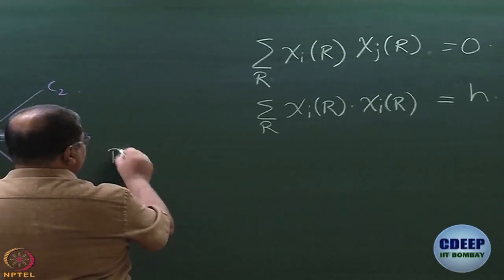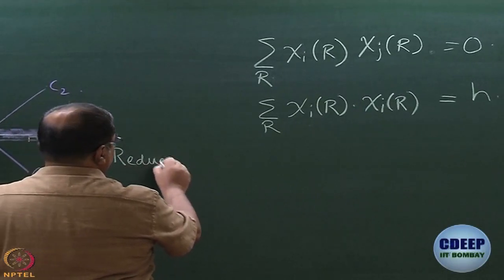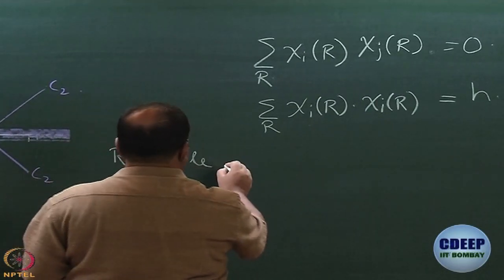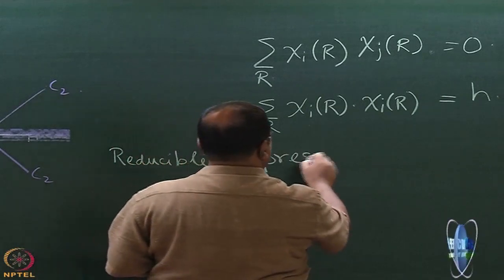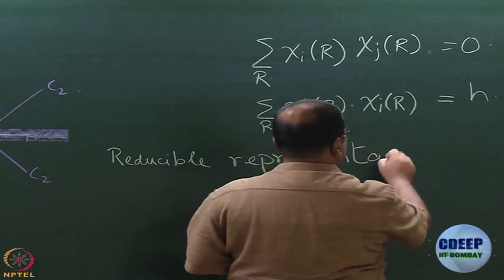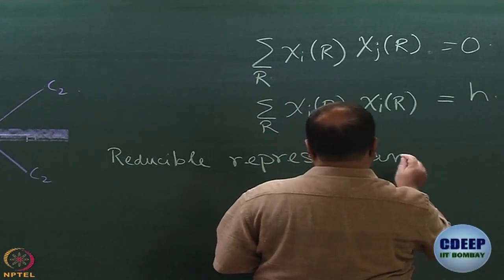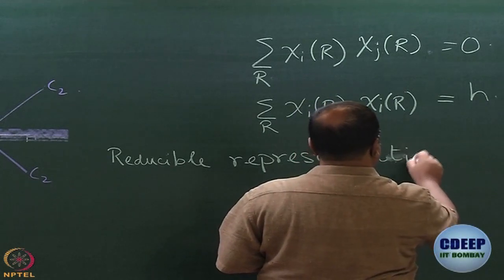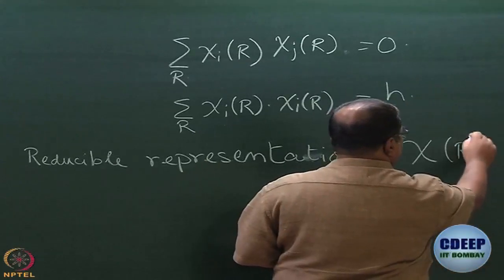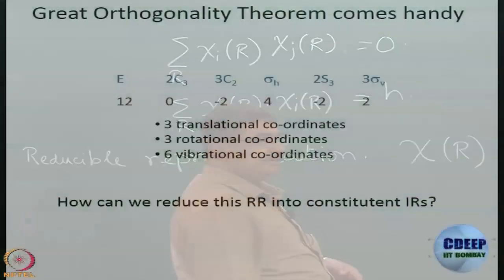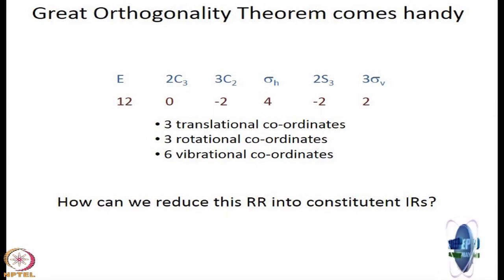For a reducible representation, let us say for some symmetry operation R, the character is chi of R. So, what we are saying is, this is chi of E, this is chi of C3, this minus 2 is chi of C2, 4 is chi of sigma h, and so on and so forth.